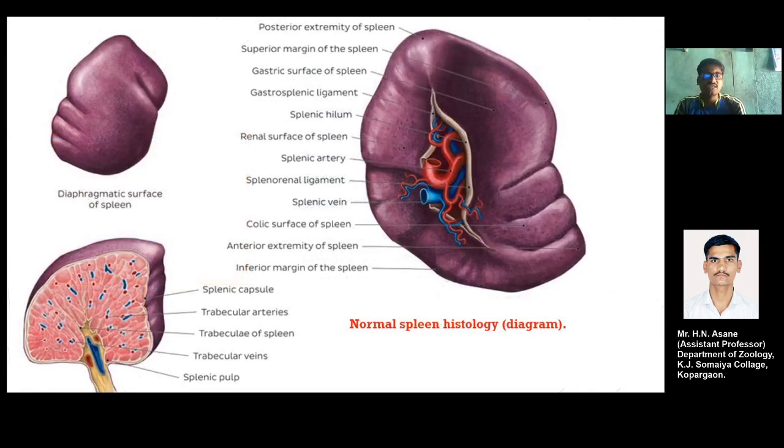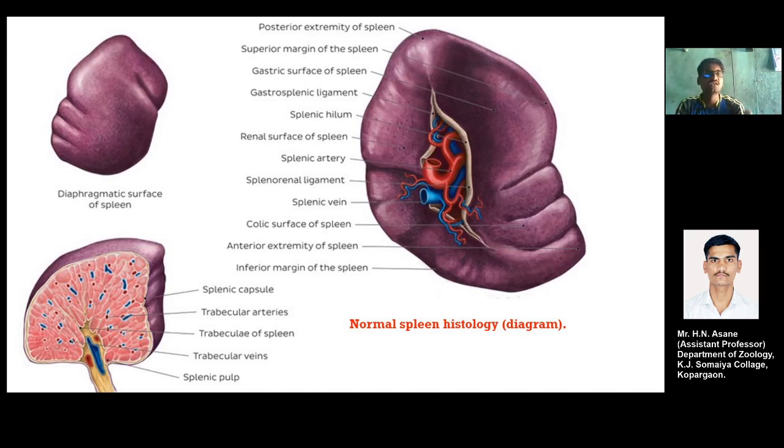As you can see, this is the normal spleen histology, and the purple stained structure is the spleen. The diaphragmatic surface of the spleen is seen in your upper left corner.